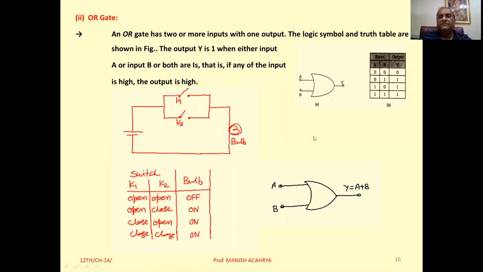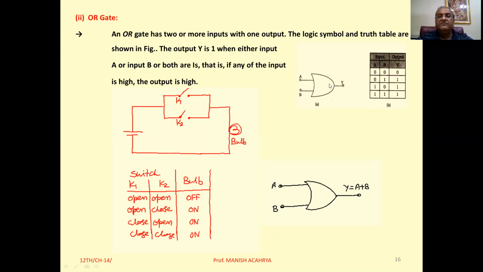Now OR gate. OR gate has two or more than two inputs, but only one output. And the circuit symbol is as shown in this figure, and its working is represented here with this truth table.